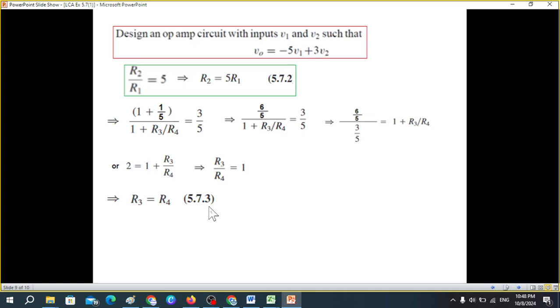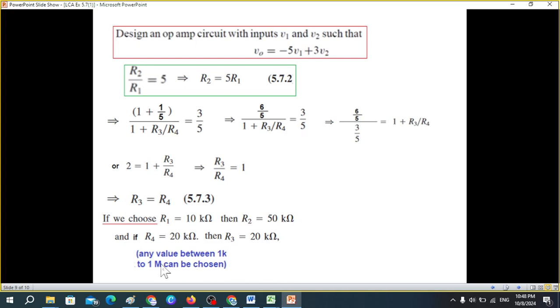And now we can select any value which maintains this relationship. So let's assume we choose R1 to be 10 kilo. So R1 10 kilo, then R2 will be 50 kilo. Similarly, if we choose R4 to be 20 kilo, then R3 will be 20 kilo. Now keep in mind that any value between 1 kilo and 1 mega can be chosen.